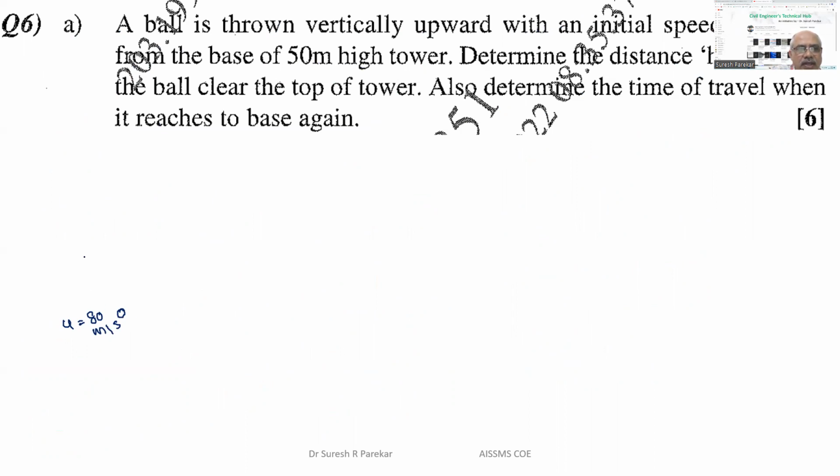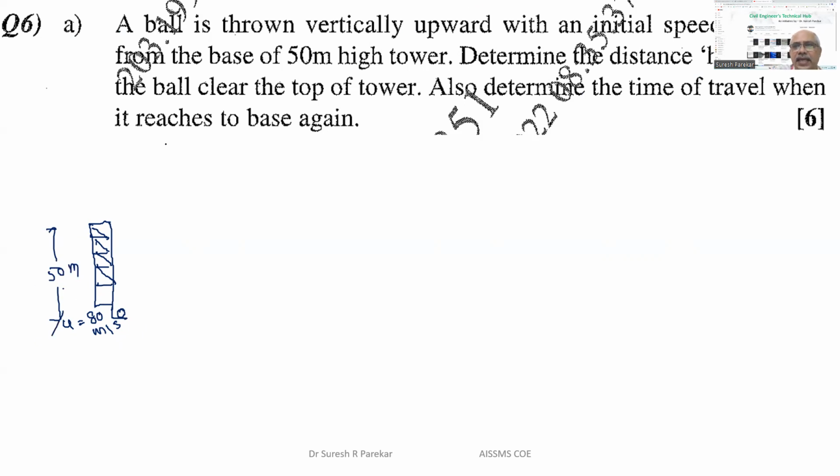So here is the tower, and this is the base of the tower. We throw it with 80 meter per second from the base of this tower. What is the height of this tower? The height is given as 50 meters.